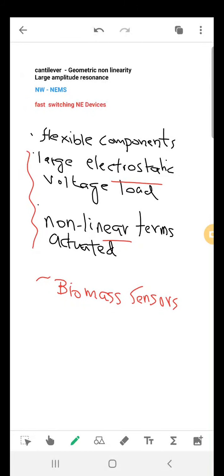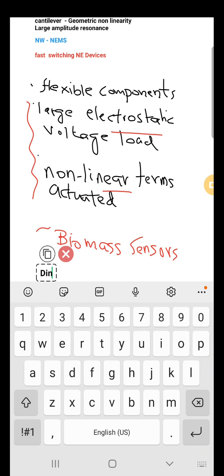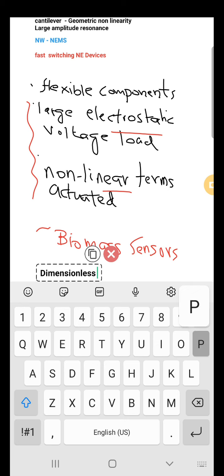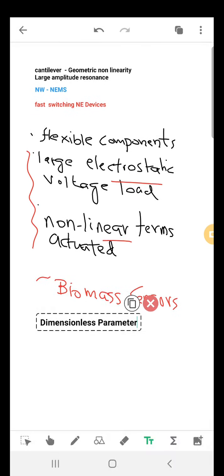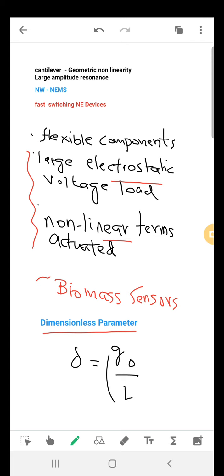Now, the dimensionless parameter associated with a MEMS device is given as delta equal to G0 by L, whole square. So what actually is this G0?